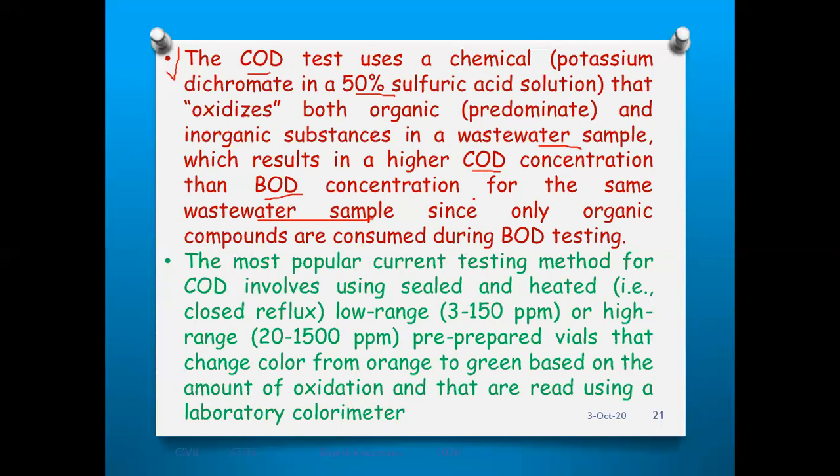So the conclusion here is that the results are higher in CBOD concentration than BOD. Why? Because only organic compounds are consumed during BOD testing. So BOD testing చేసేటప్పుడు organic materials consume అవుతాయి, whereas in CBOD the organic and inorganic materials get oxidized faster than BOD. That's why the results are higher in CBOD concentration than BOD concentration. Understood? Next.